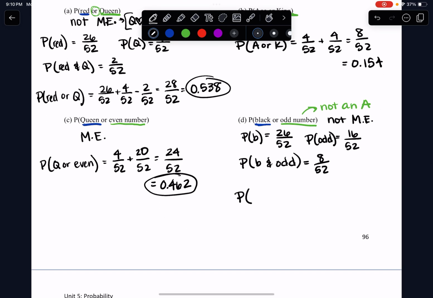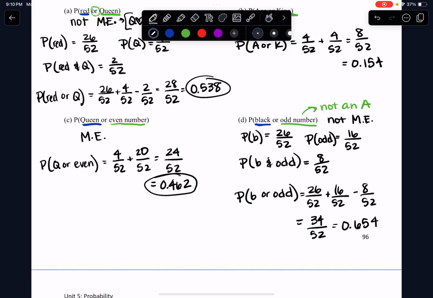So the probability of a black or an odd number card is 26 over 52 plus 16 over 52 minus 8 over 52. And that is 34 over 52, which is 0.654.